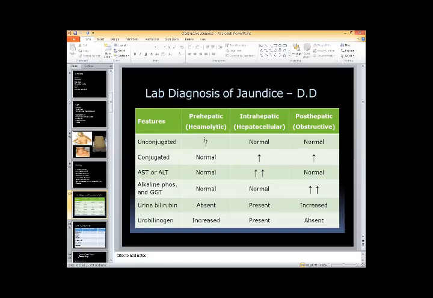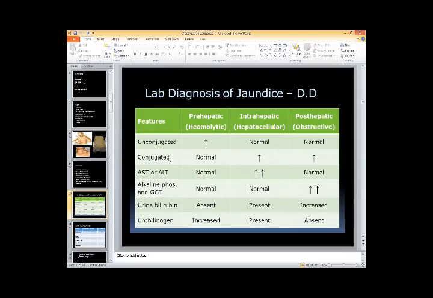They will be normal in prehepatic and normal in the posthepatic. Similarly, alkaline phosphatase and gamma GT are only high in obstructive jaundice. They are normal in prehepatic and hepatic, but only high in obstructive or post-hepatic jaundice.